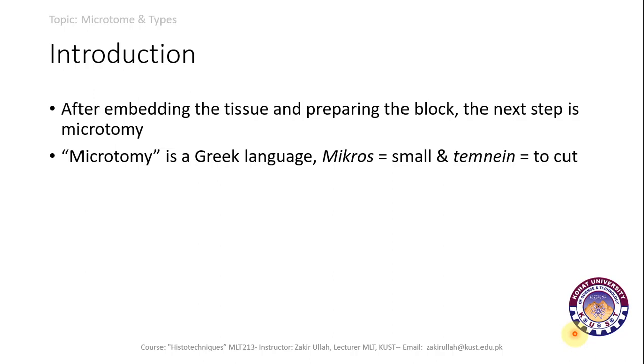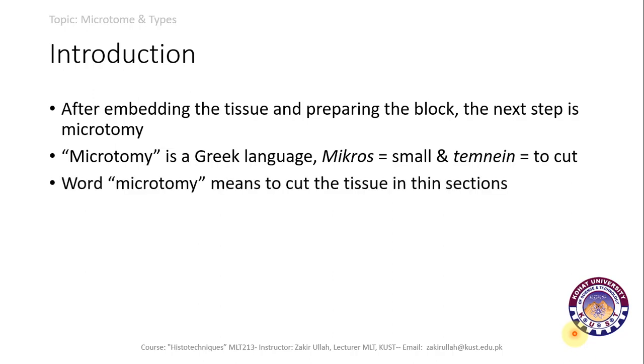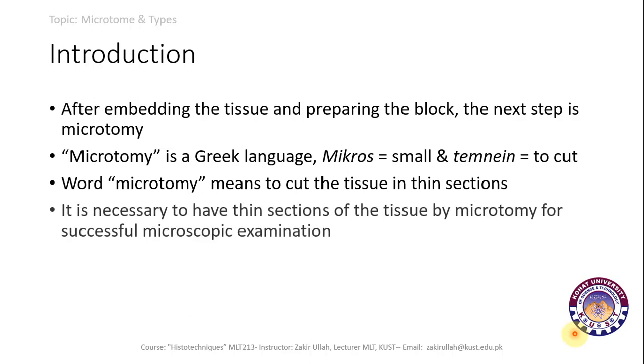So microtomy is the cutting of thin sections of a tissue. It is necessary to have thin sections of the tissue by microtomy for good microscopic examination and for good diagnosis of the disease.